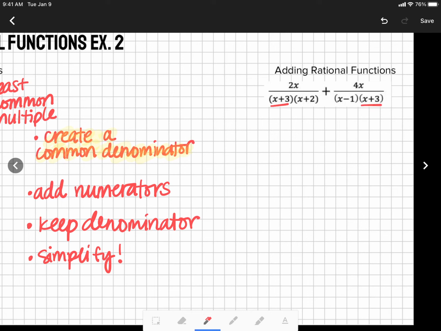So I don't need to multiply by x plus 3 to get a common denominator. I can just multiply by the term that's missing. So I can multiply this one by x plus 2 over x plus 2, because now I have that missing x plus 2. And I can multiply the other side by x minus 1.